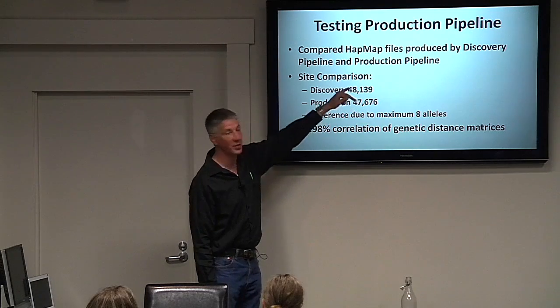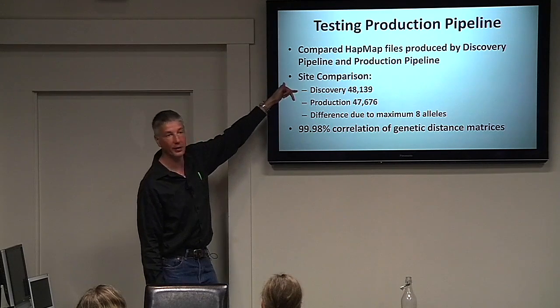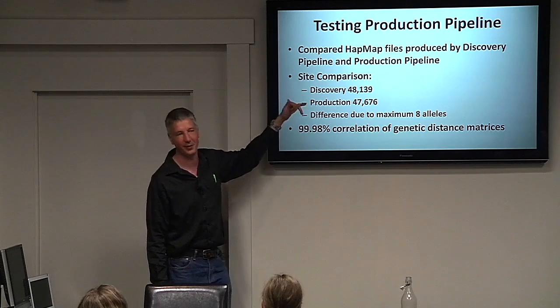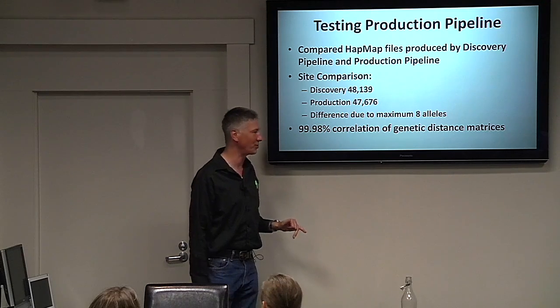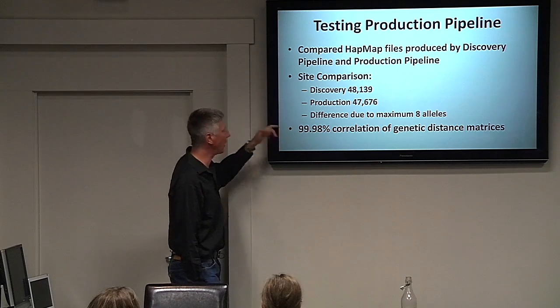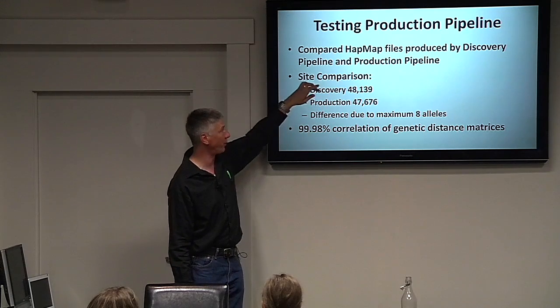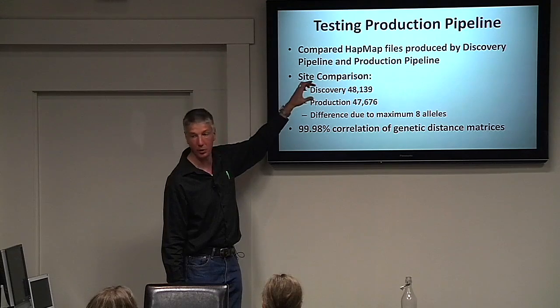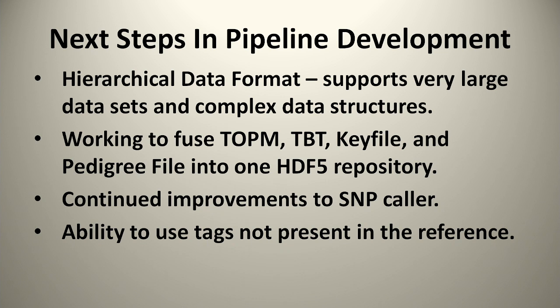So the discrepancy between these two was that we had more variants found in the discovery pipeline than were able to be stored in the variant-modified TOPM. That was the issue there. It took us a little while to sort that out, but that's what it was in the end. And then there was a 99.98% correlation of the genetic distance matrices when you compare these two methods. So that's one way that we tested the production pipeline.